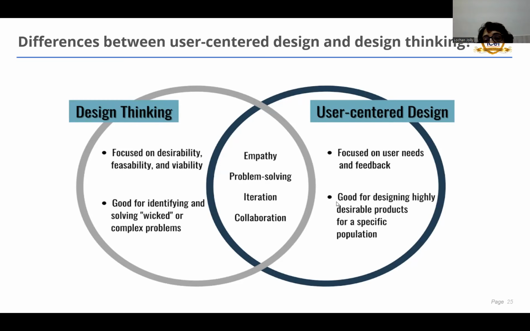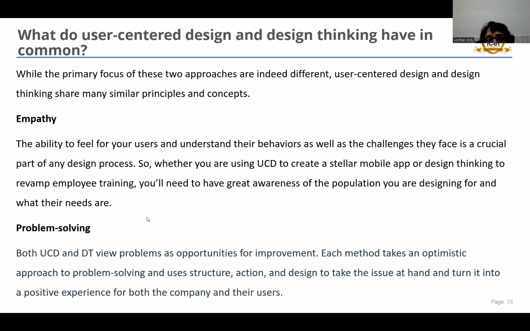User-centered is good for designing highly desirable products for a specific population. As I told you, you can go for a customized product. But design thinking is good for identifying and solving complex problems, so it could be an approach extended to solving such problems.